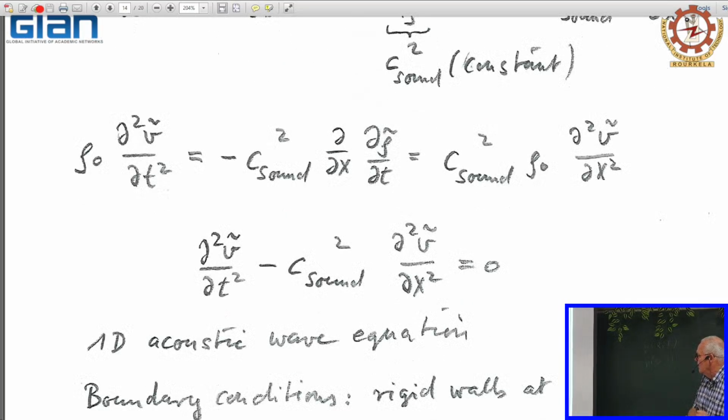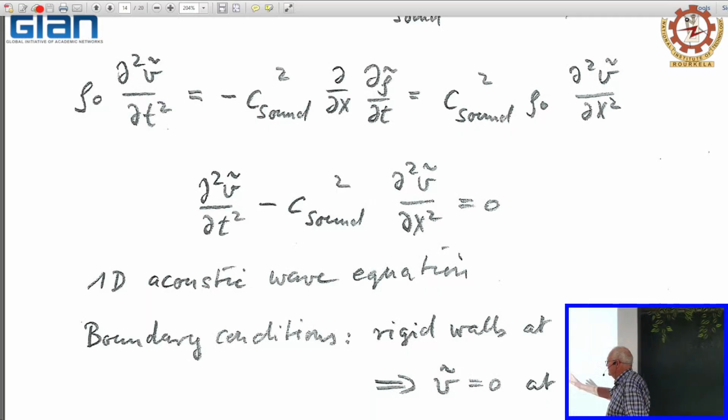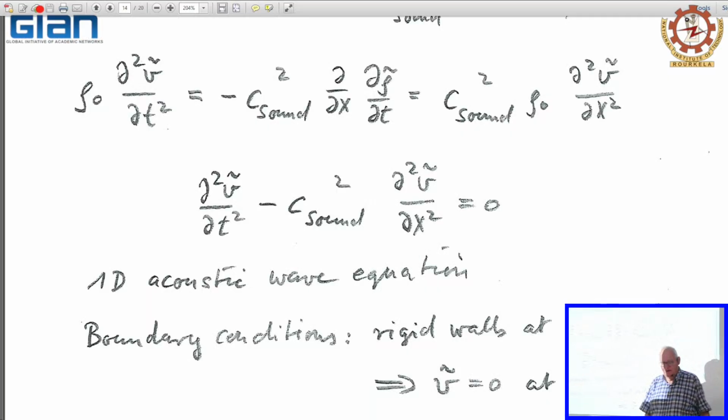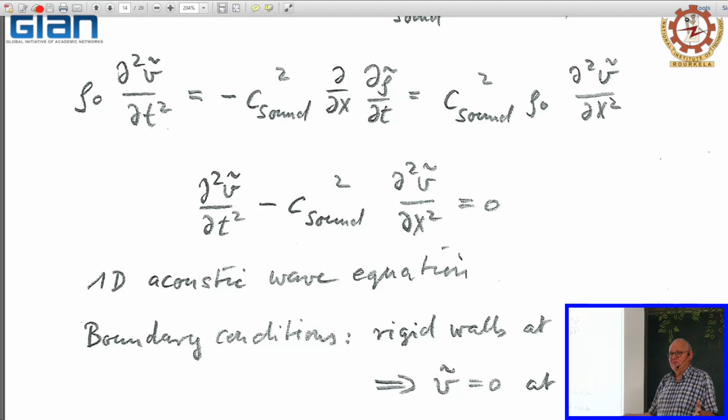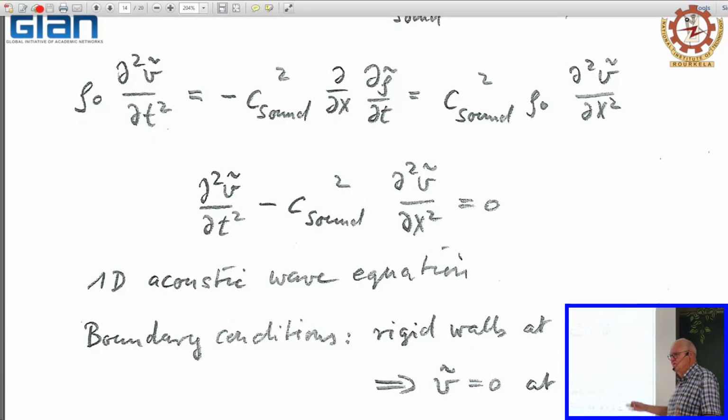Like our stellar system, like our pulsating star, of course, we have to have boundary conditions for this equation. So we need two boundary conditions, because this is an equation of second order in the spatial variable. We have an organ pipe which extends from x equal to 0, the bottom boundary, to x equal to L, which is the top boundary.